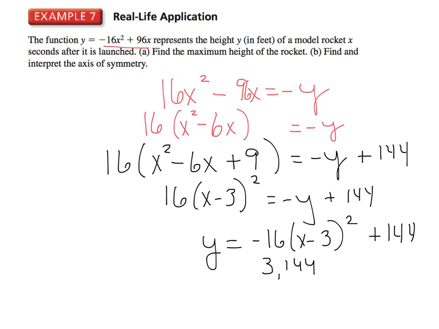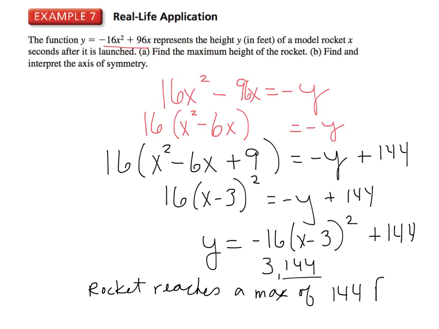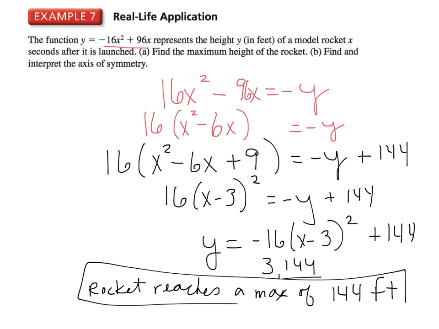So what does that mean? That means the maximum value is 144, which means the rocket reaches a maximum height of 144 feet.